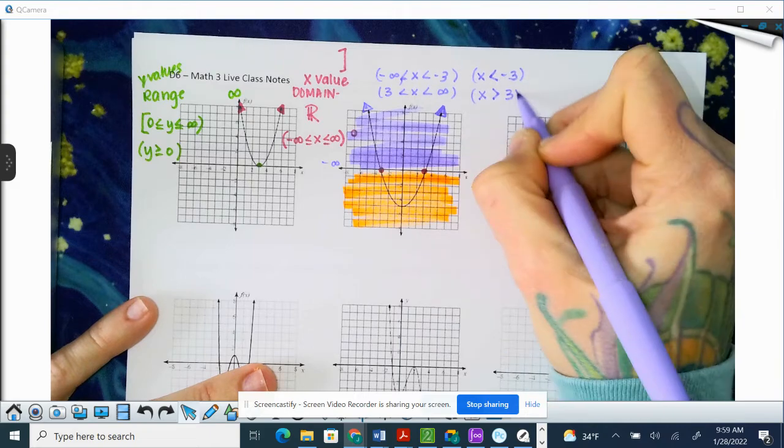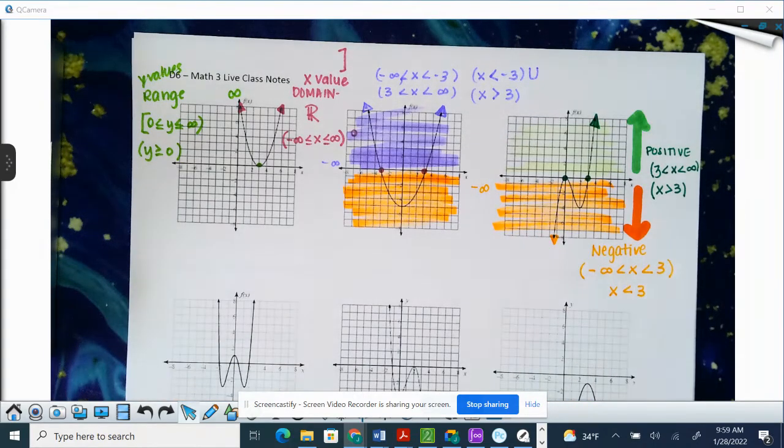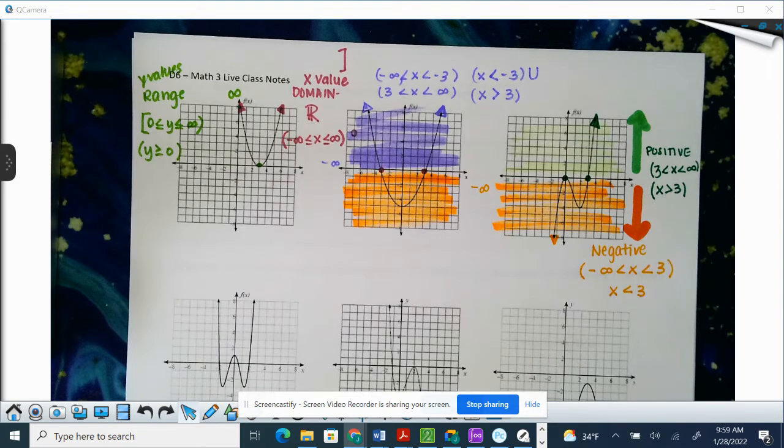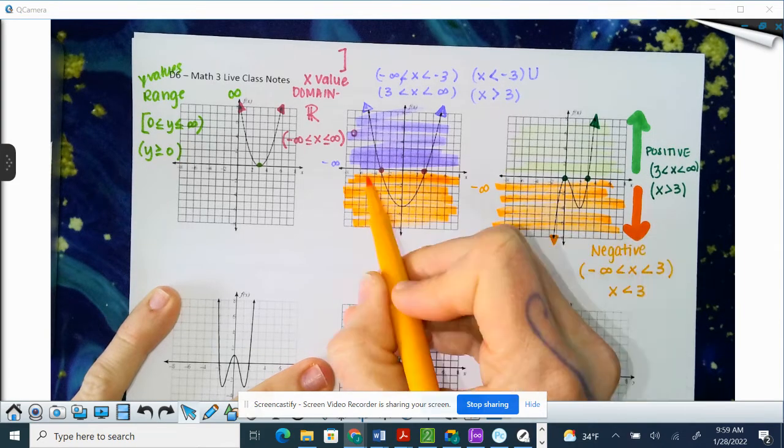And I believe on Delta Math they used the union symbol because it's both. So it's positive either here and here, in both places. And then where is it negative? That's below. So that's when your x, again, only x values because you're setting up domains.